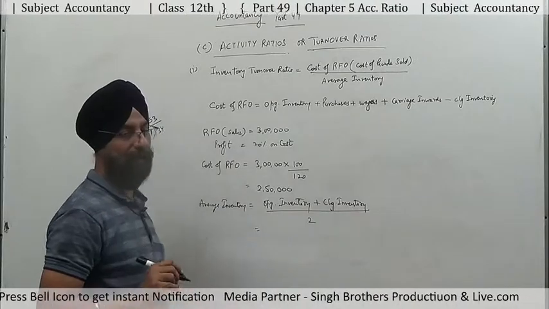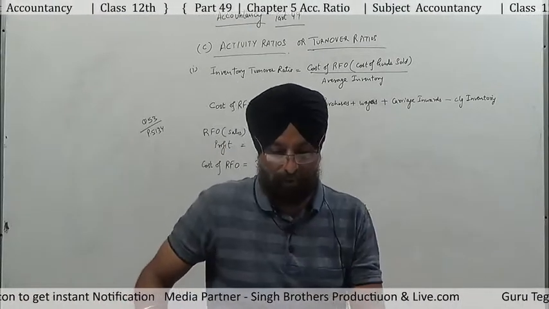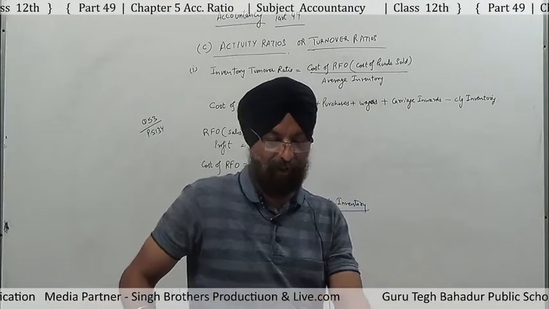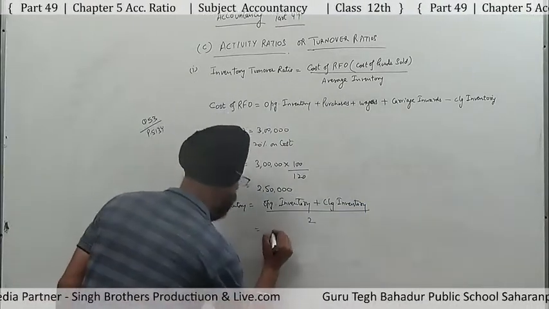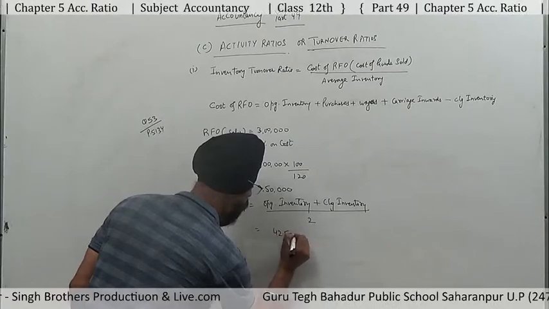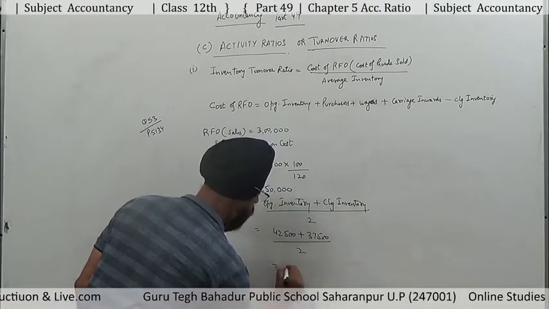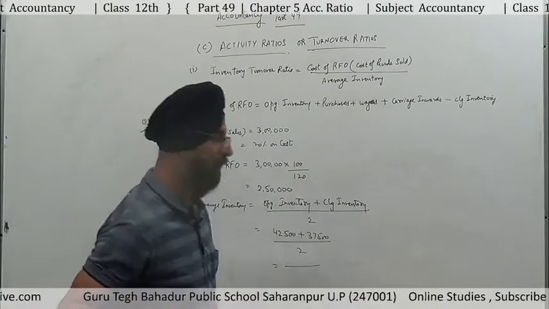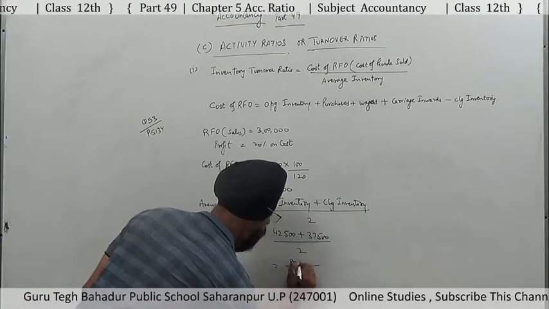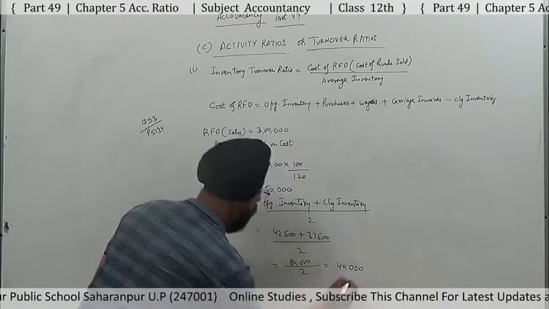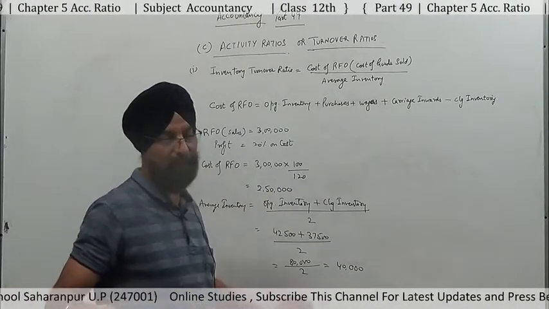Opening inventory is 42,500 given in the question, and closing inventory is 37,500. 42,500 opening plus 37,500 closing by 2, then we get 80,000 by 2, which means 40,000. So average inventory is 40,000 rupees.